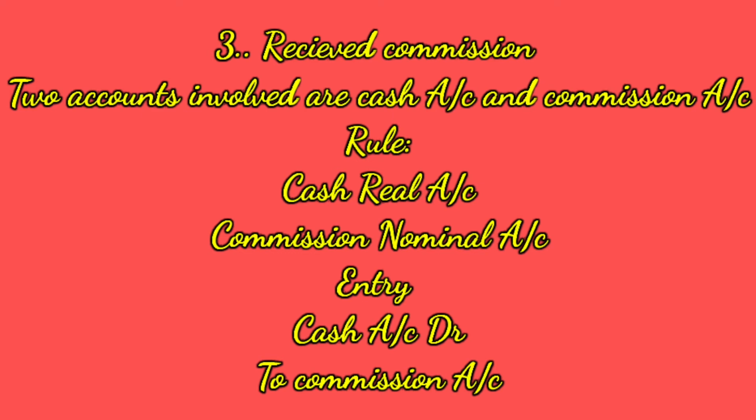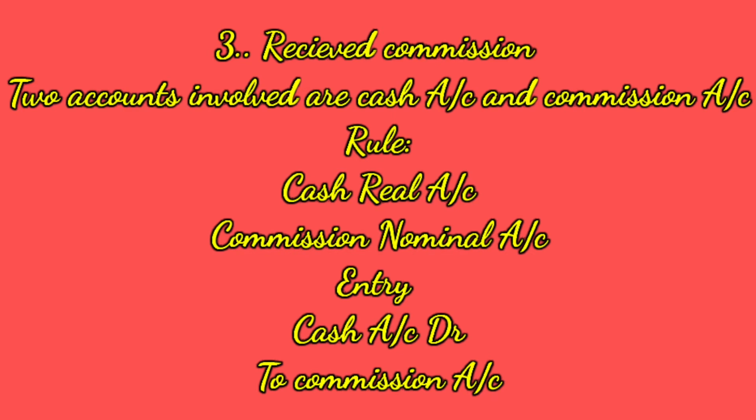Let's take another transaction, that is commission received rupees 200. Let's find out what are the two accounts involved in this transaction. One is commission account and the other one, commission received in the form of cash, therefore cash account. So we have to apply the rule now.